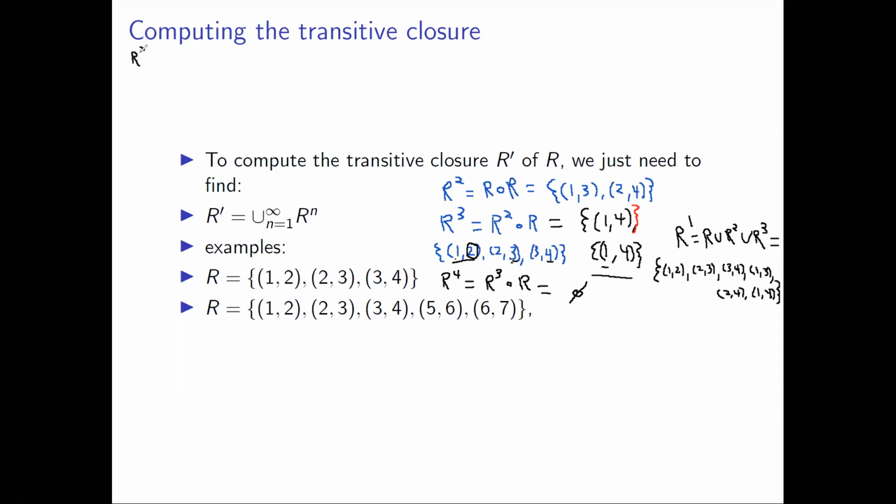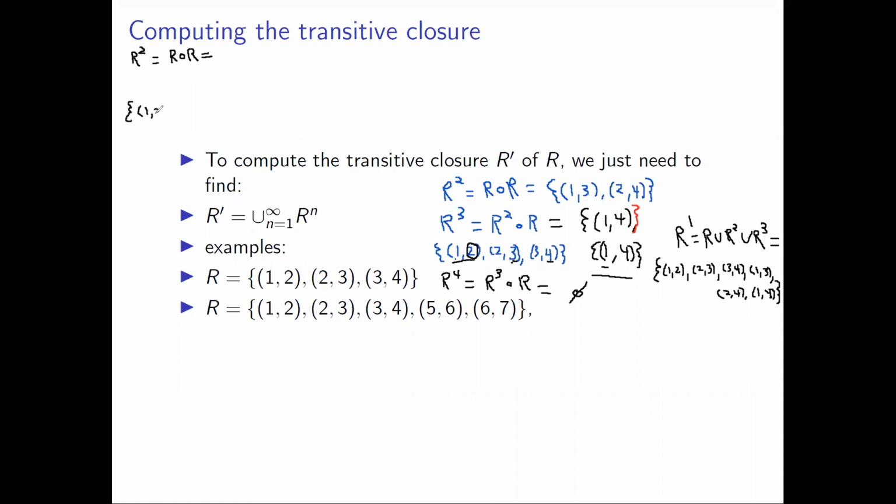So for that R, the R squared is going to be R composed with R. I will write that so we can look at the ordered pairs.